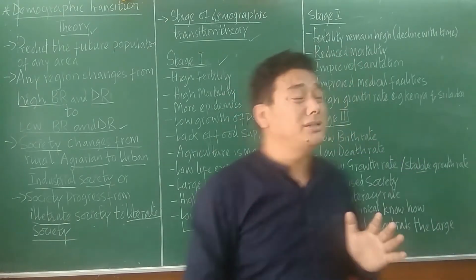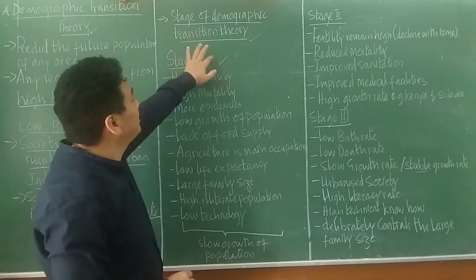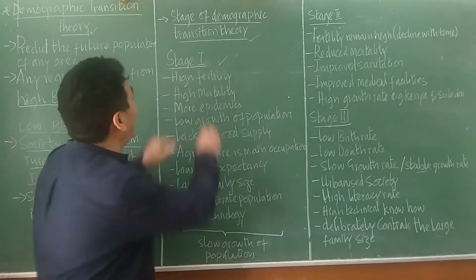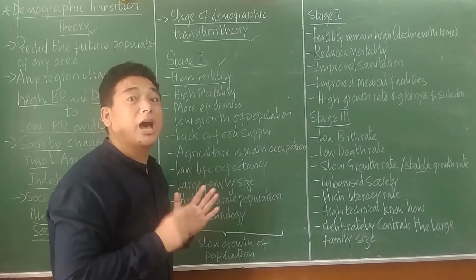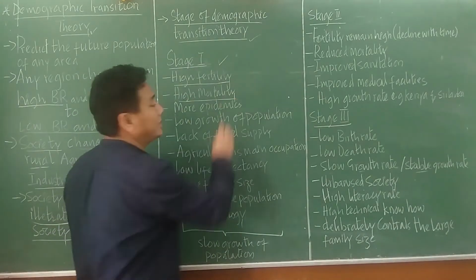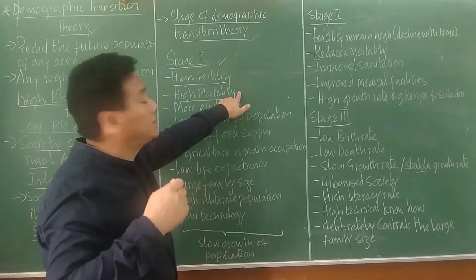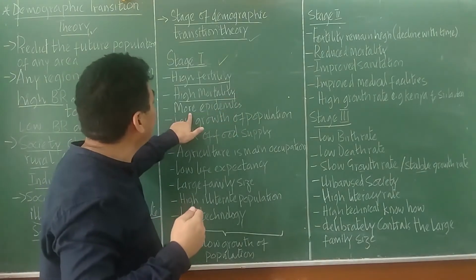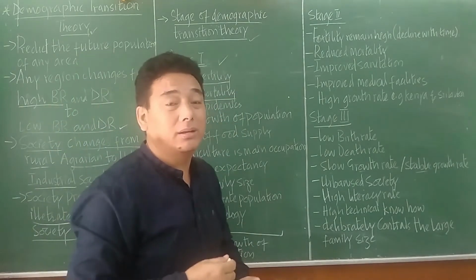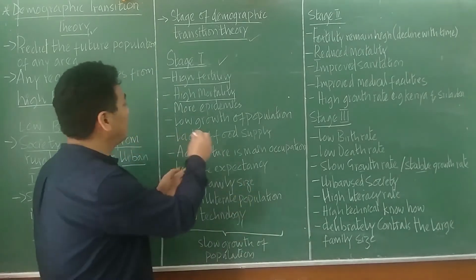In the first stage of the demographic transition theory, there is high fertility, in other words high birth rate, and high mortality, which means high death rate, and more epidemics, more communicable diseases which can spread.